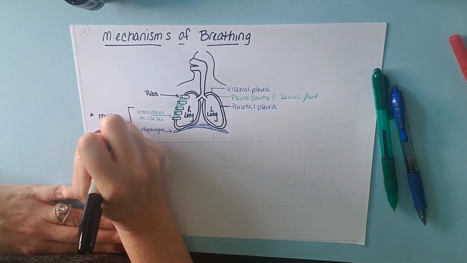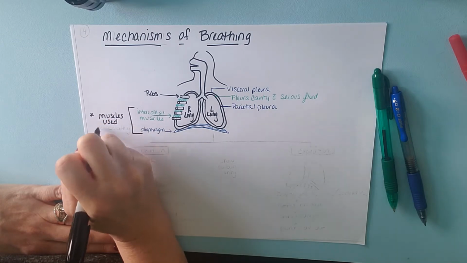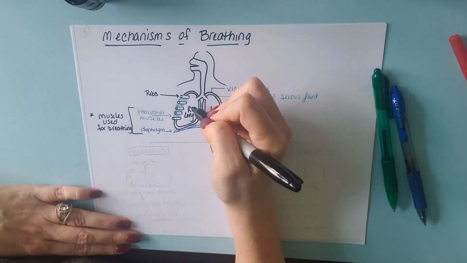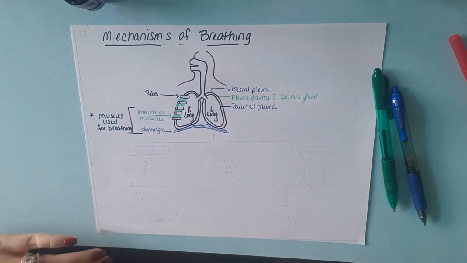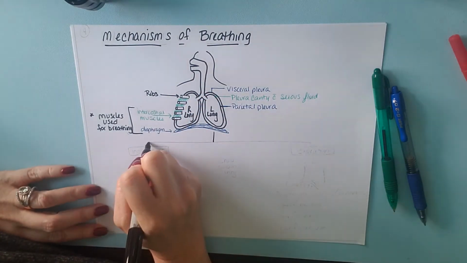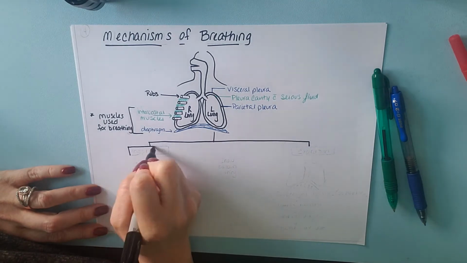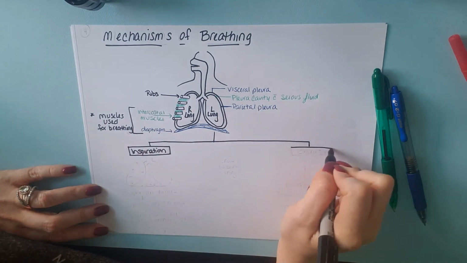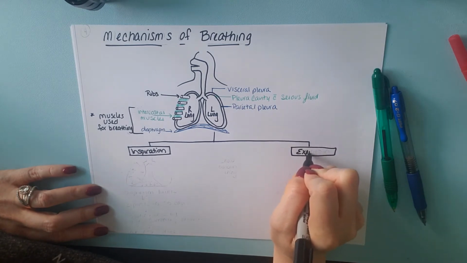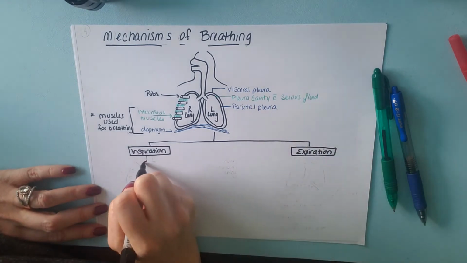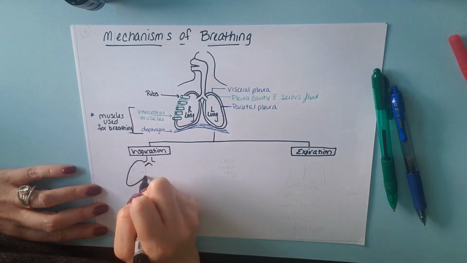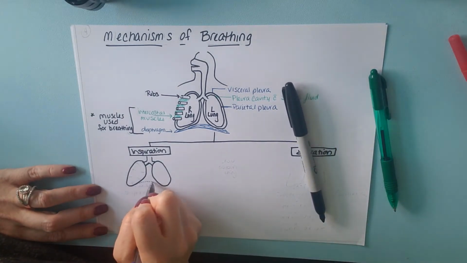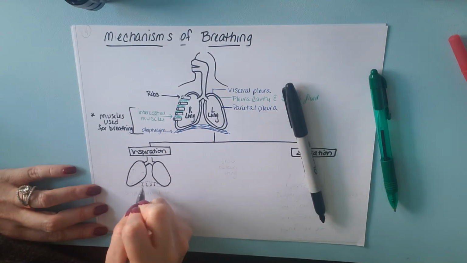The lungs themselves are not a muscle. They can't move independently on their own. The diaphragm and the intercostal muscles move, causing the lungs to inflate or deflate. Okay. Inspiration, expiration. You know, I have pictures for everything. So, inspiration, the diaphragm goes from up there and it contracts to further down.